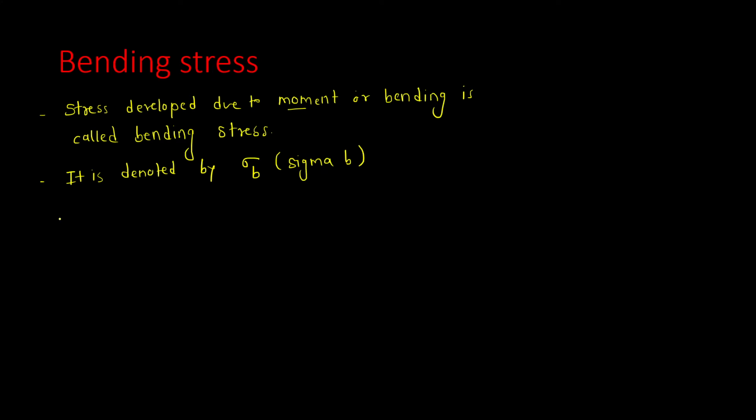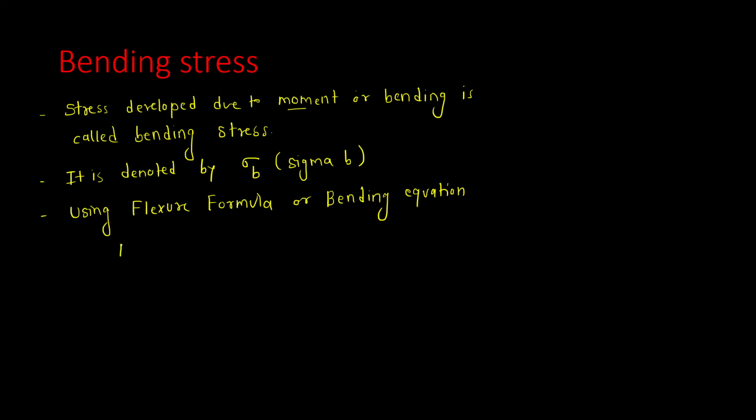Now how to find out the bending stress sigma b? For that we have to use the flexure formula. Sometimes it is also called the bending equation. This equation we have studied in mechanics of structure. So what is this bending equation?